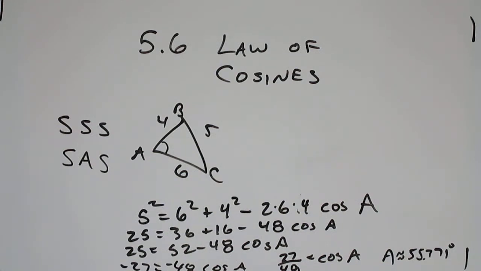Now, if I wanted to calculate a very precise value for angle B and angle C, then I would go ahead and keep doing the law of cosines.